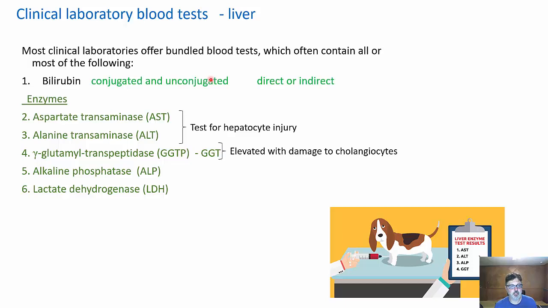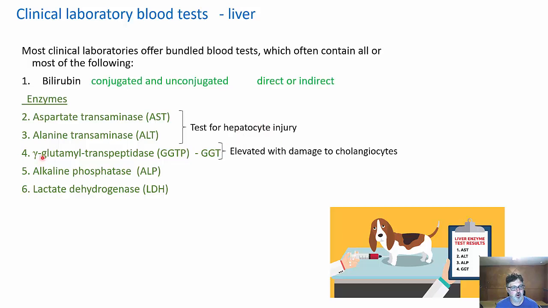In addition, we're going to test for a few different enzymes. Notice that these are a couple of those transferase enzymes that are involved in transferring the amine groups. Aspartate transaminase, alanine transaminase. These will often be elevated with hepatocyte injury.